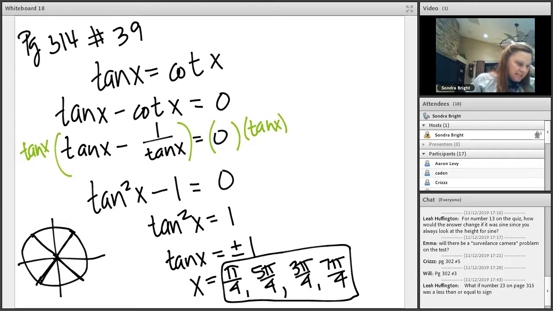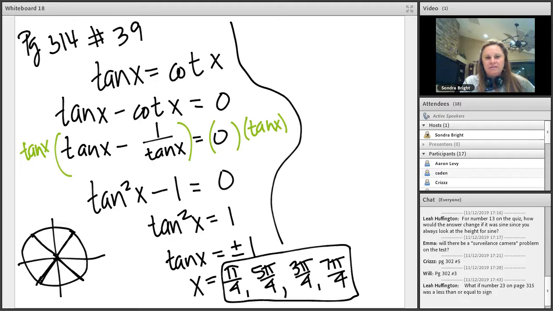It looks like this section said for all values of x. I told my students I'm fine with taking each of these answers and just going plus 2 pi k. So for all values, it means that you would take each of these answers and go plus 2 pi k.